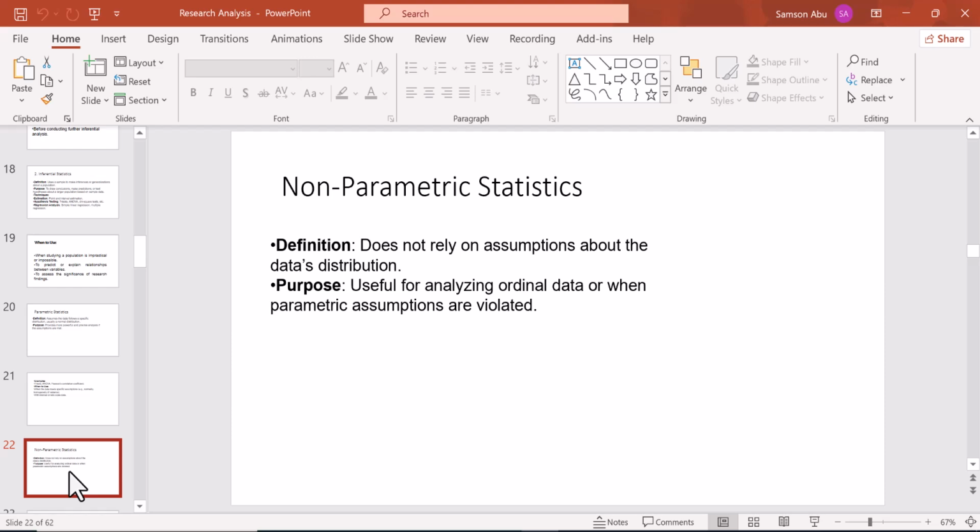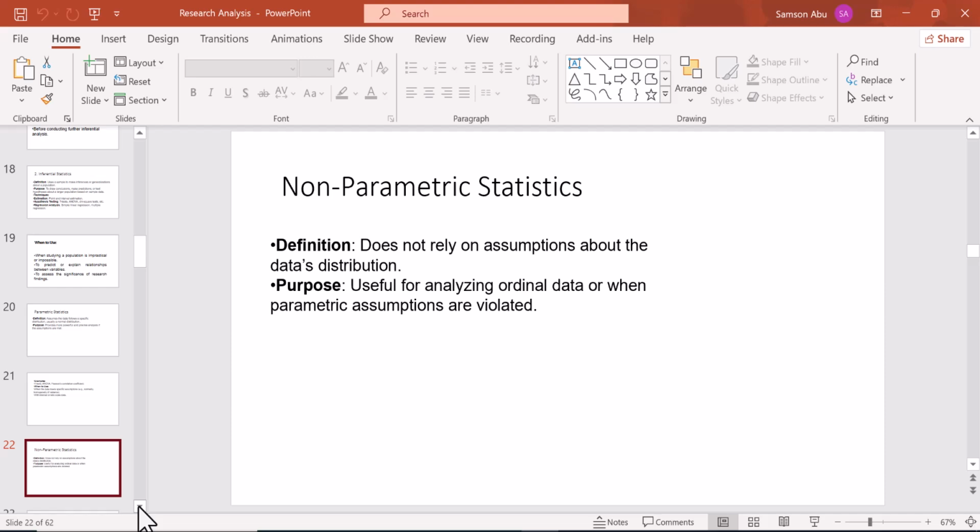The purpose of non-parametric is that it is useful for analyzing categorical or ordinal data, or when parametric assumptions are violated. When you notice that this data has violated the assumptions for parametric statistics, you go ahead and use non-parametric statistics.